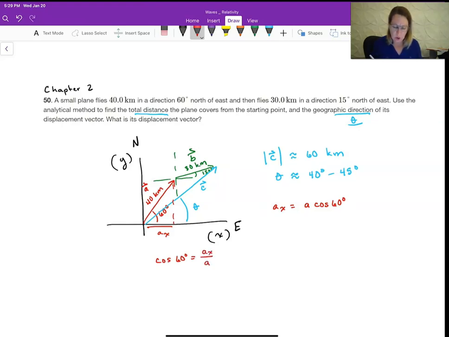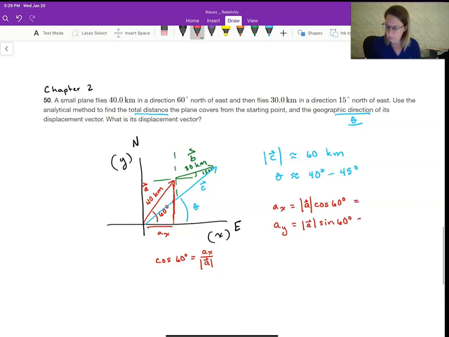So ax over the a vector. If you prefer, we can say the magnitude of a. And ay, similarly, ay is this opposite side, is a sine of 60 degrees.